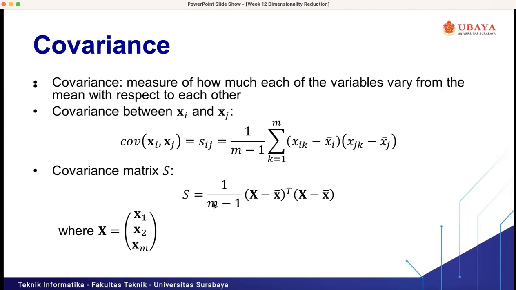The previous one is the covariance between xi and xj, but this one is the covariance matrix S. Covariance matrix S equals 1 divided by m minus 1, times X, the features themselves, minus the mean values of these features, transposed, and multiplied by X minus x bar, where X equals x1, x2 until xm.